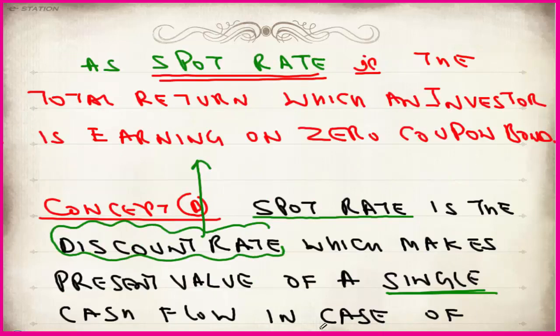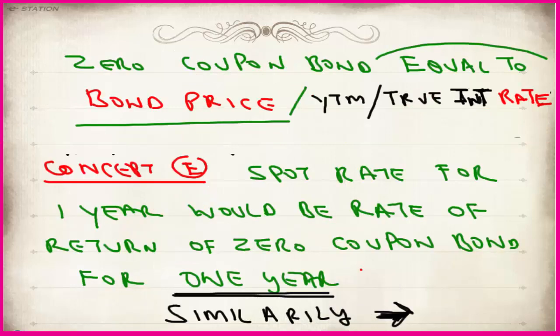Again, I am repeating concept number D. Spot rate is the discounting rate which makes the present value of the single cash flow in case of a zero coupon bond equal to the bond price. That is named as spot rate. So spot rate is YTM. I will say it is the IRR.